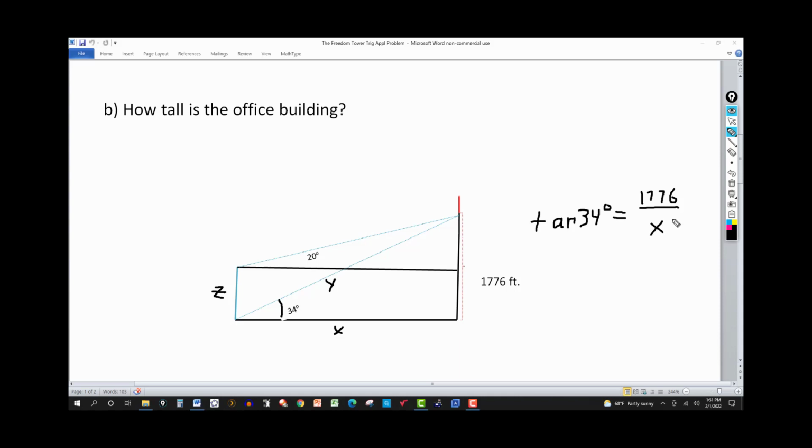If I multiply through by x, and then divide by tangent of 34, then x will equal 1776 divided by the tangent of 34 degrees.